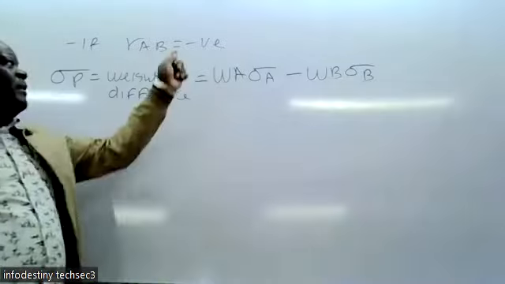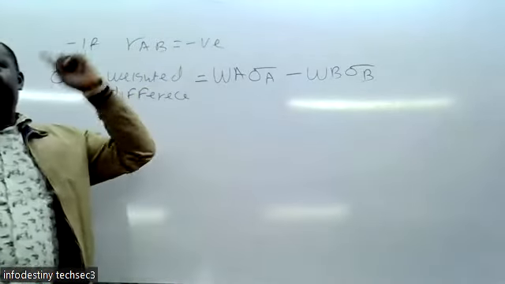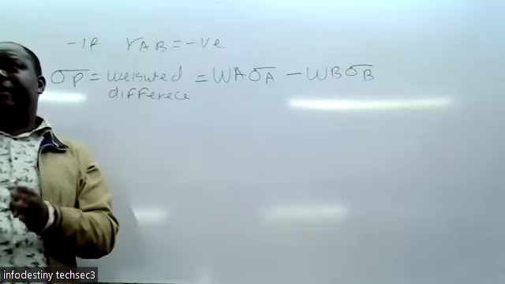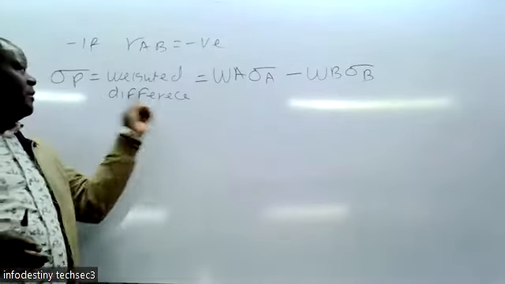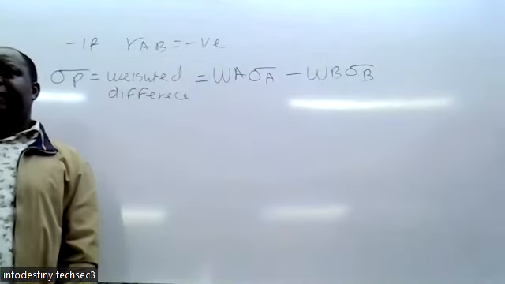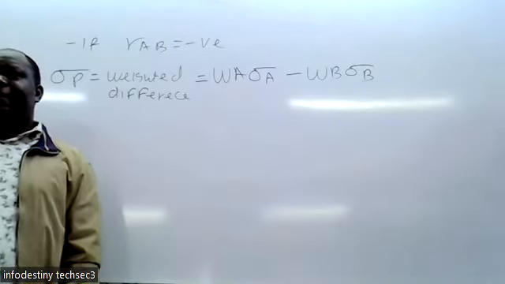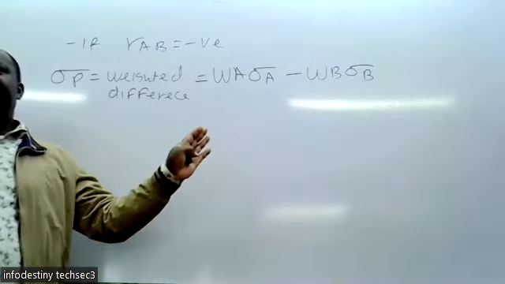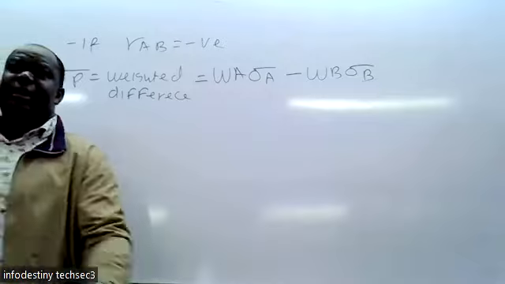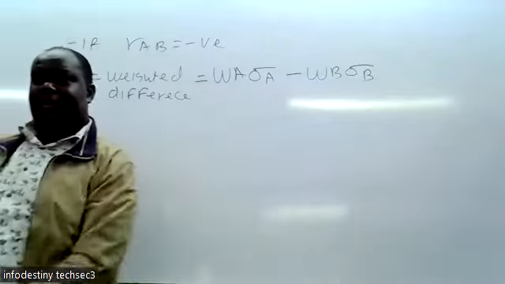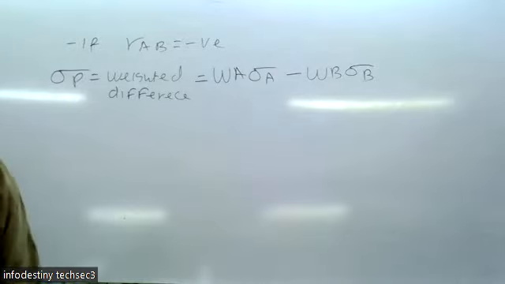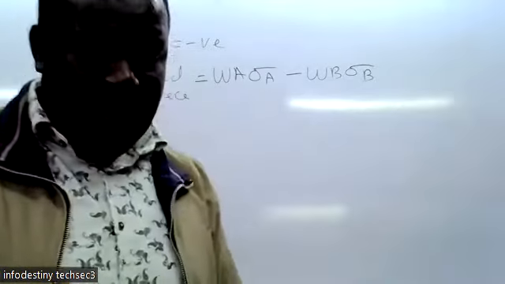So if you happen to get a correlation coefficient which is negative, but the question wants you to combine the two standard deviations, we get the weighted difference. In this question, it was positive, so we cannot calculate it. I'm just giving the formula in case you get a negative, in which case we subtract.